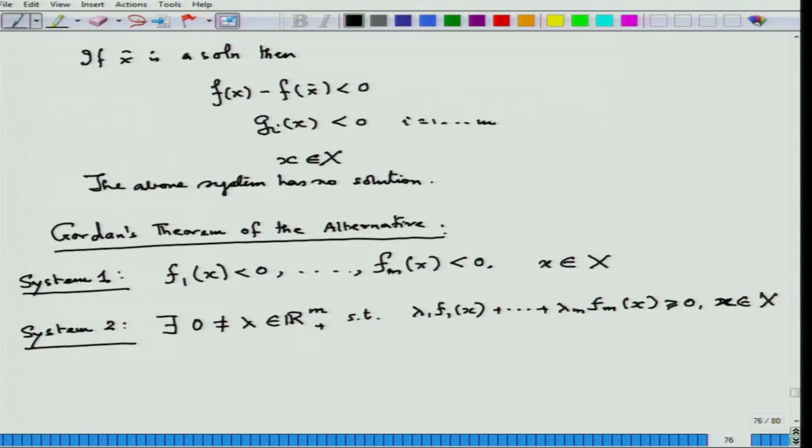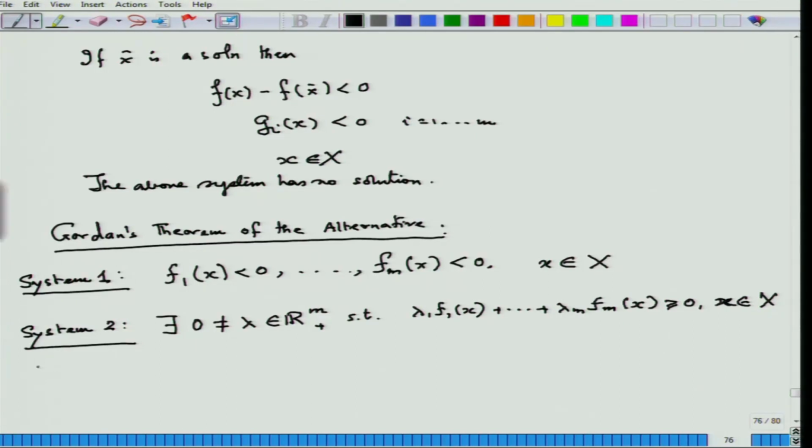So, what does it say? There are two systems, system 1 and system 2. System 1 says that there is an x for which all these strict inequalities are valid, and system 2 says that there exists a non-zero lambda in R m plus, that is, all components are greater than or equal to 0 with at least one non-zero, such that this non-negative linear combination of f 1 x, f 2 x up to f m x is greater than or equal to 0 for every x that you choose.